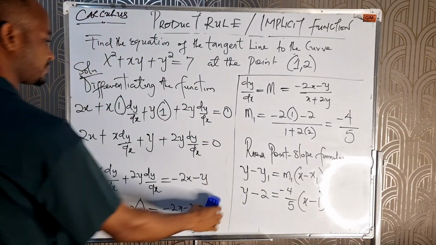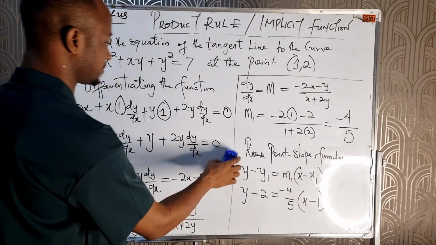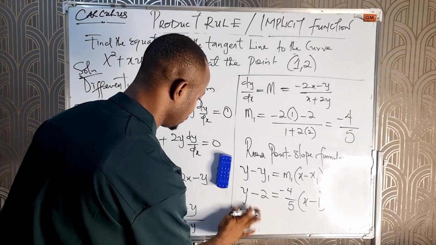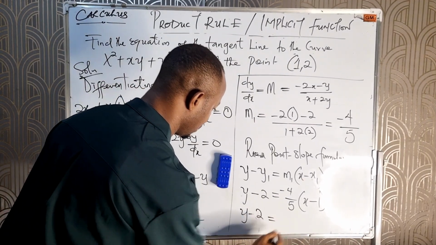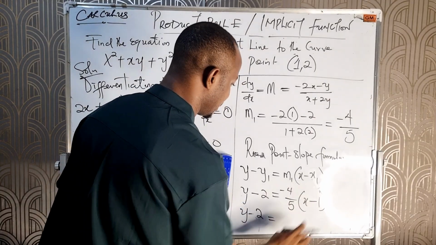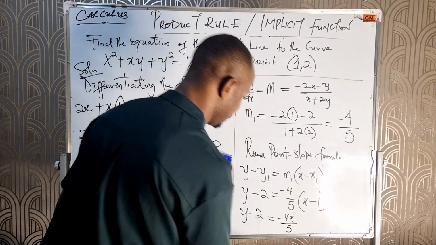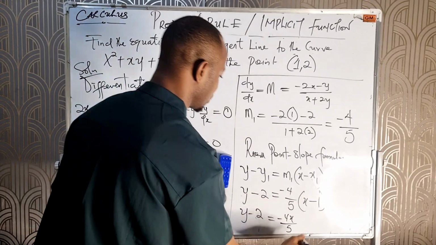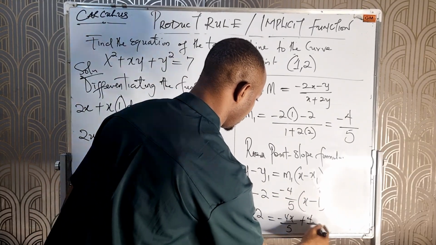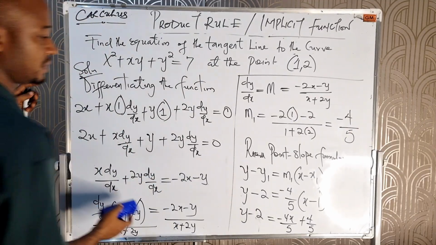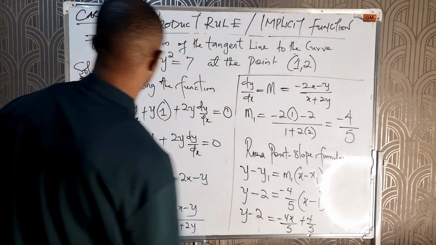So let's finish up this. Here we can expand the bracket. We have y minus 2 equals minus 4 over 5 times x, which gives minus 4x over 5. Minus 4 over 5 times minus 1 gives plus 4 over 5. So we can move this number to the other side.